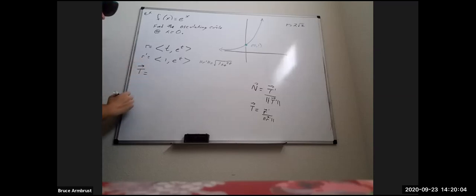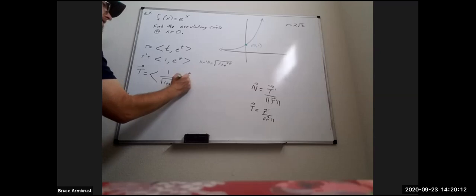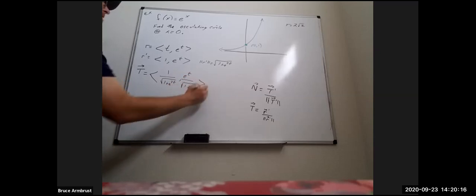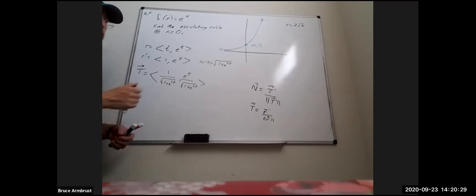So then T, the unit tangent vector, is going to be 1 over the square root of 1 plus e to the 2t, e to the t over the square root of 1 plus e to the 2t. All right, so there's our T.